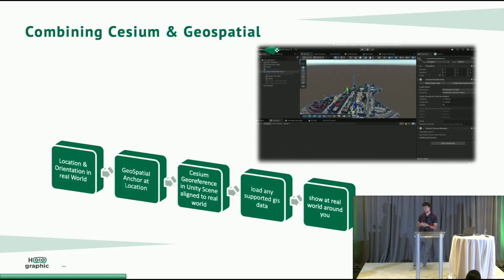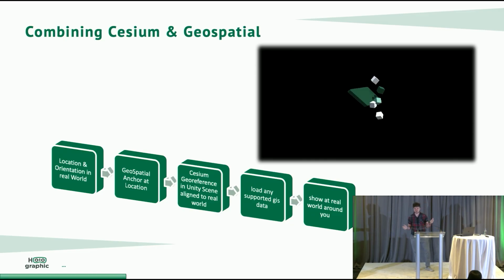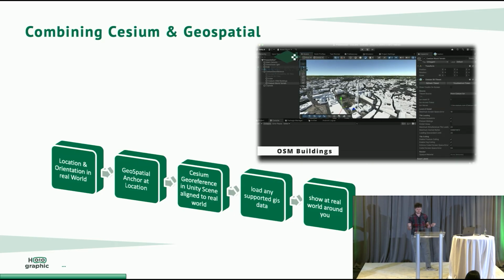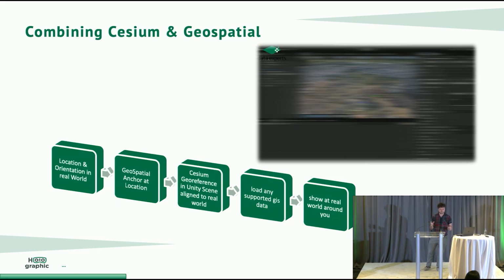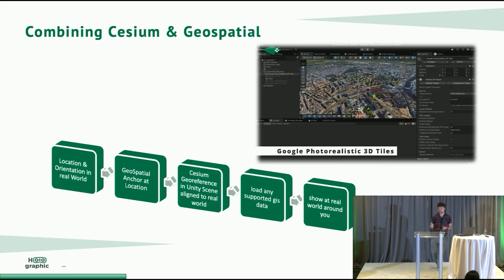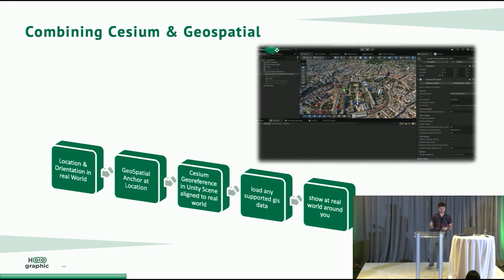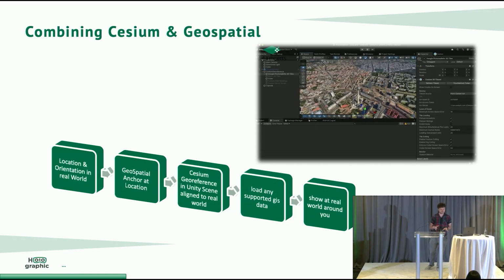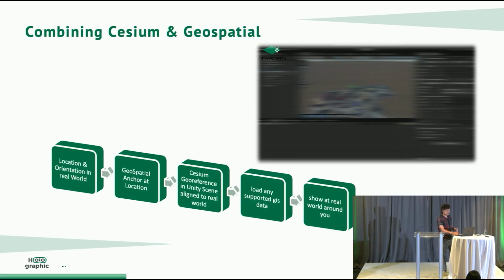So now we have our Cesium georeference and can load any GIS data we want. I've shown here some Google 3D tiles, Google OSM buildings, but over the last 2 days, I've learned a lot more about Cesium than I knew before. The first time I used Cesium was about a year ago. And there are lots of different things you could show, but you all probably know way better than me.